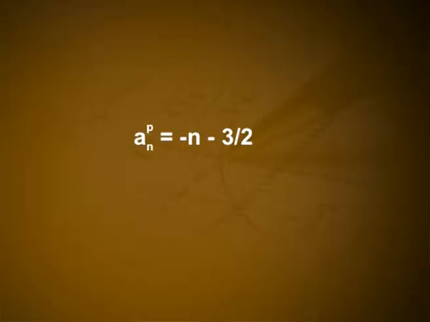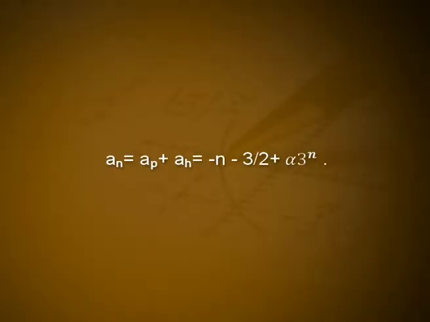Consequently, ap n is equal to minus n minus 3 by 2 is a particular solution. By the theorem, all solutions are of the form an is equal to ap plus ah is equal to minus n minus 3 by 2 plus alpha into 3 raised to n. To find the solution with a1 is equal to 3, let n is equal to 1 in the formula we obtained for the general solution.